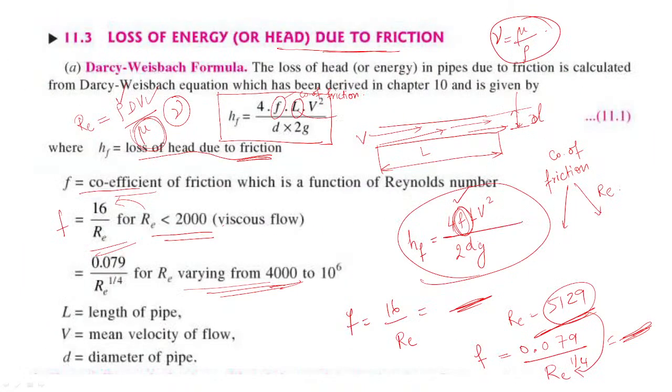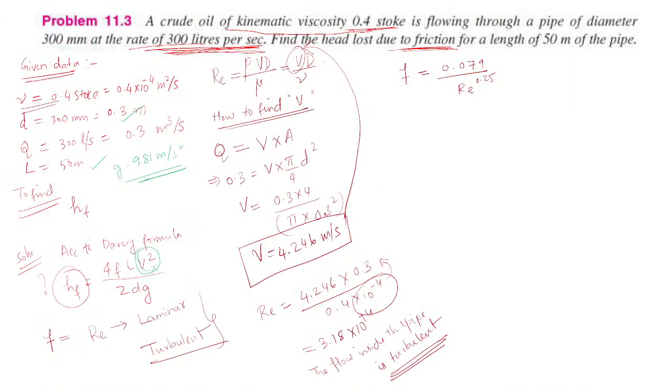Yeah, 0.079, right? Fine. So this is the formula. Now let's substitute back in this formula: 0.079 divided by 3.18 into 10 power 4, power 0.25. Whatever value you get.